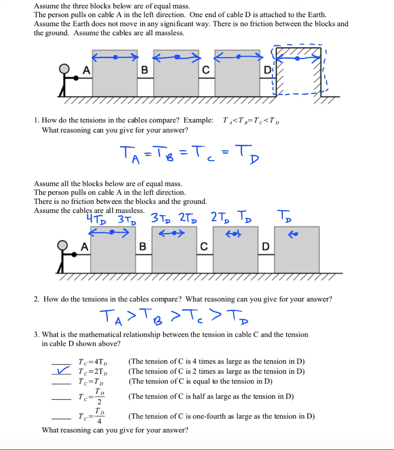The tension in cable C is double the tension in cable D. That's because D is responsible for pulling one of these blocks, but C is responsible for pulling 2 of them. And the more mass we're towing, the larger the force has to be.